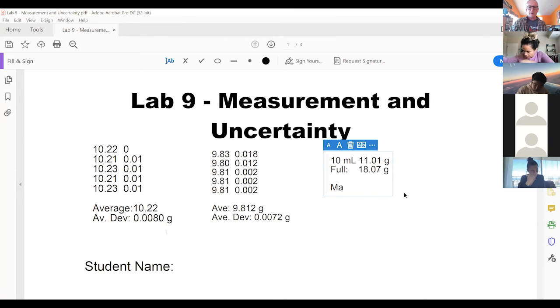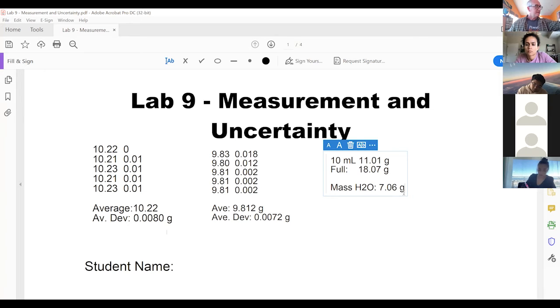The mass of my water is 7.06 grams. So now I need to take the temperature of my water.